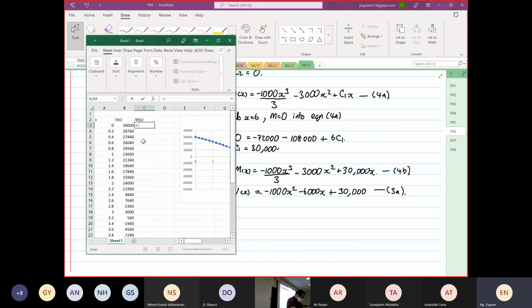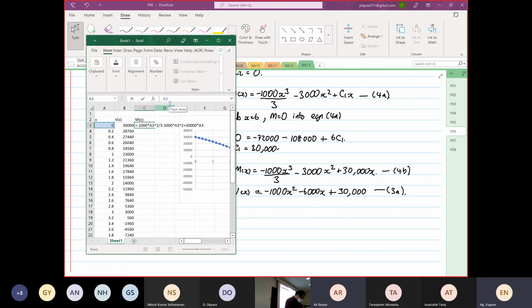So this is equal to minus 1000 times x to the power of 3 divided by 3, and then minus 3000 times x to the power of 2, plus 30,000 times x.